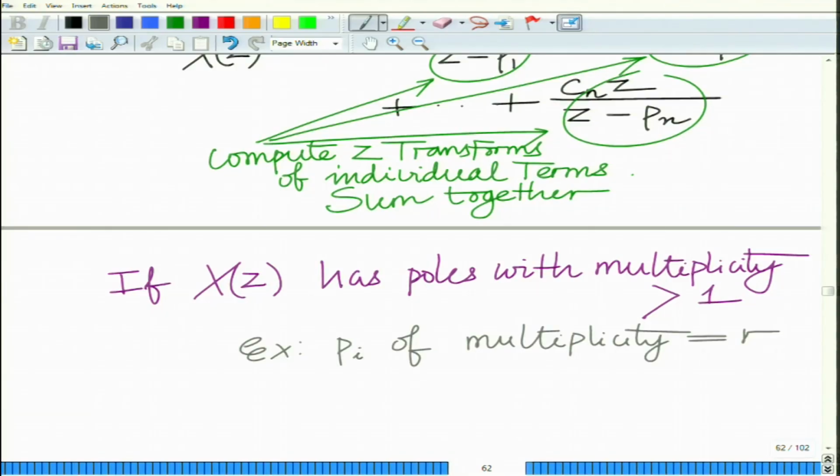So, in that scenario, let us say pole pi has multiplicity R.